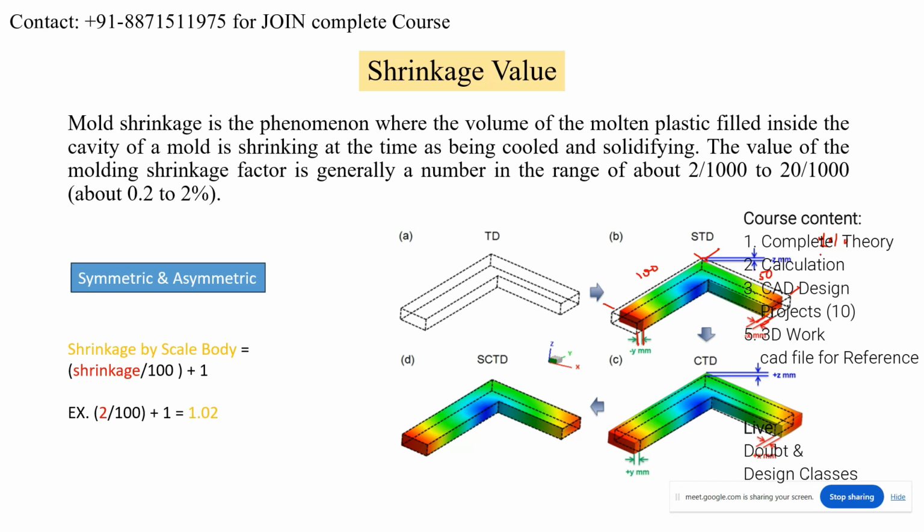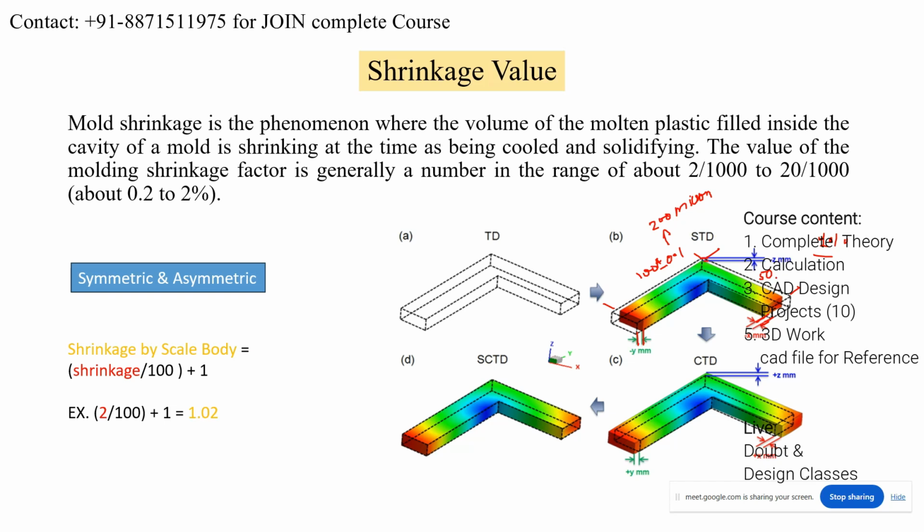Basically we need to control this dimension 0.1 plus minus 0.1. What is that mean? What is the limit of this? Tell me. 200 micron, right or wrong? Yes.